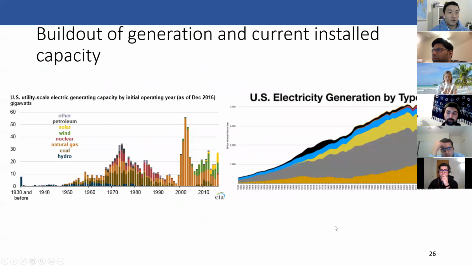Okay, and so the trend in generation capacity construction looks something like this. This is over the last century or so, all the way through 2016. And you can see construction. Initially, you had a lot of petroleum plants.